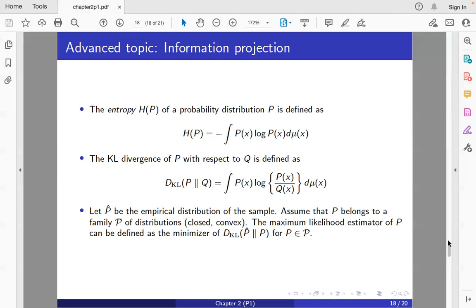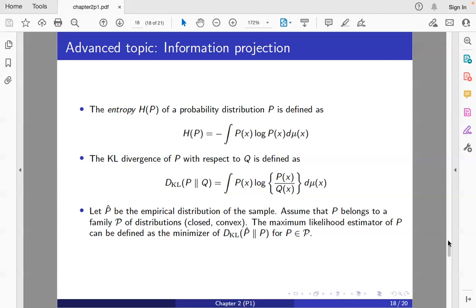Let me use the definition first: the integral of log of P hat X over P theta X, with respect to P hat X. If you write it out, this is the integral of log P hat X times P hat X, minus the integral of log P theta X times P hat X. Now we look at it as a function of theta.